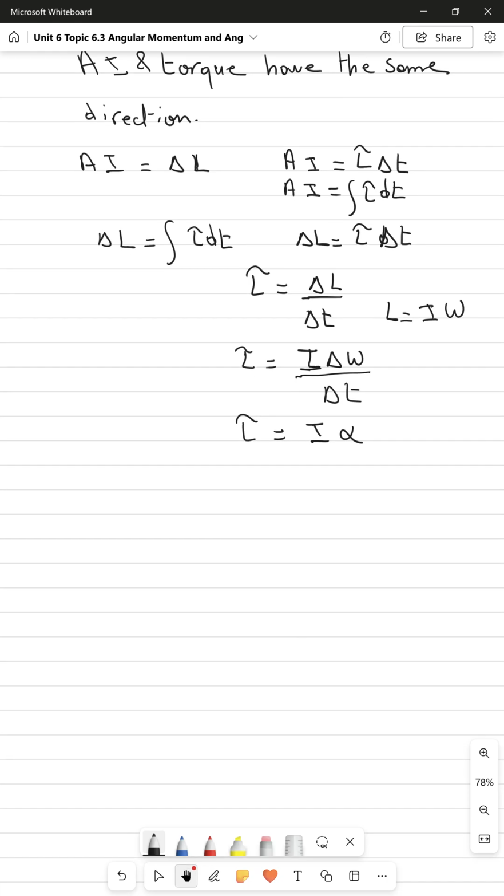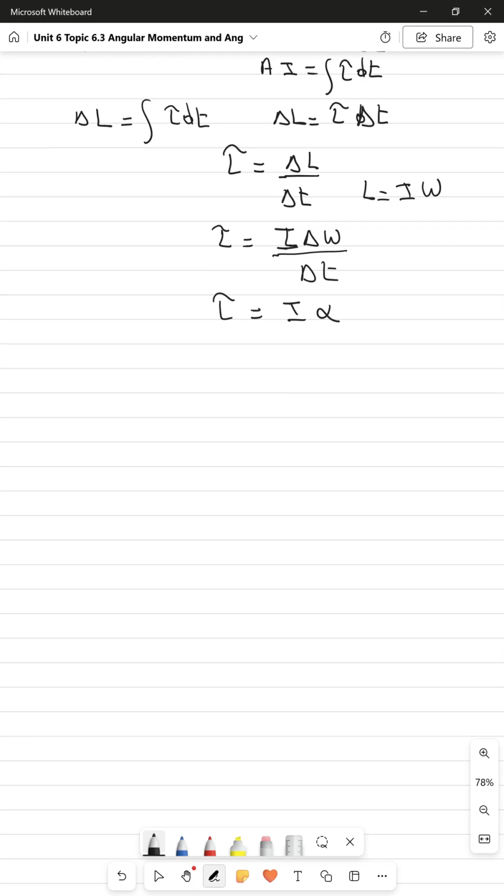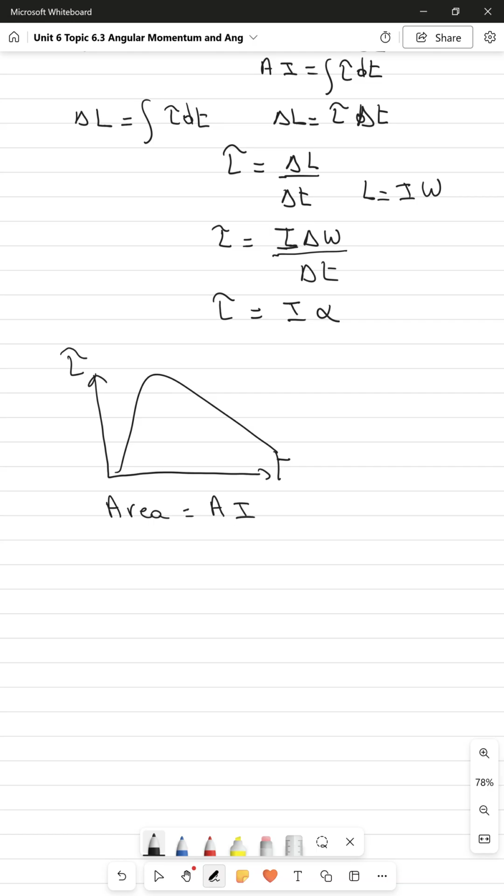Now, the last part, similar to impulse: if I have a torque and time graph, the area will be equal to the angular impulse.